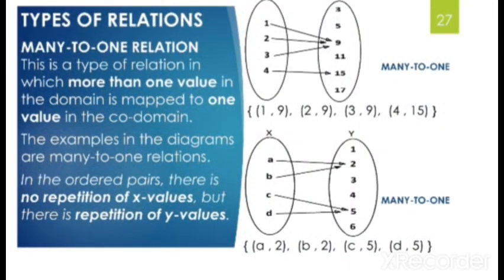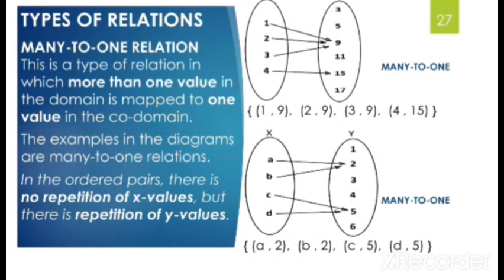Many-to-one relation. This is a type of relation in which more than one value in the domain is mapped to one value in the codomain. When we look at the diagrams, in the first diagram, this is the domain where the arrows start.